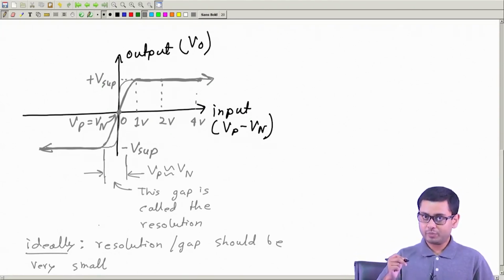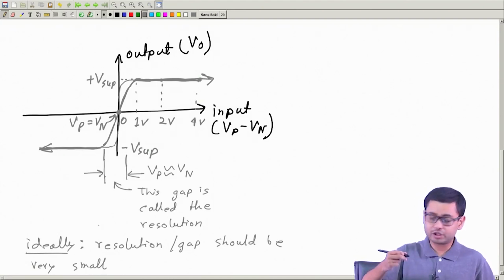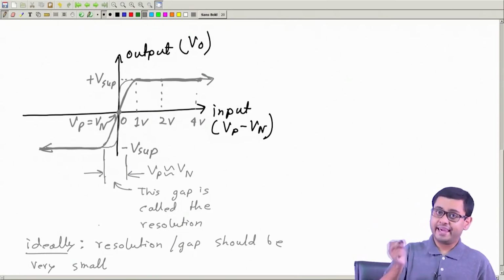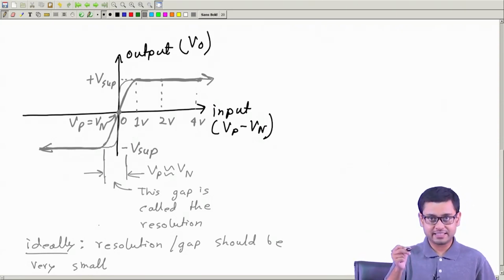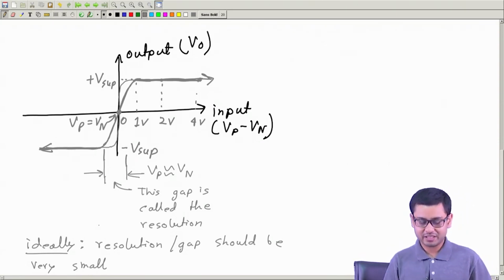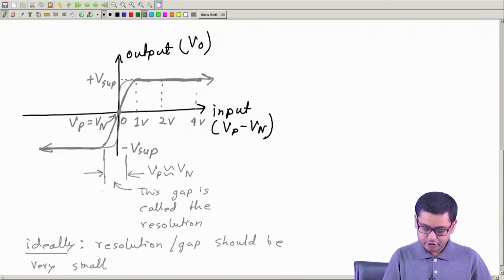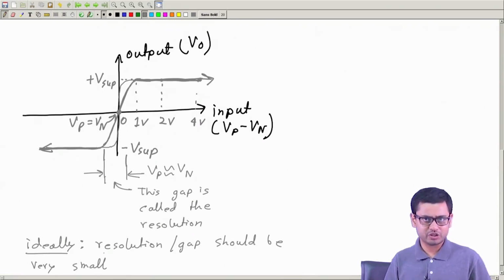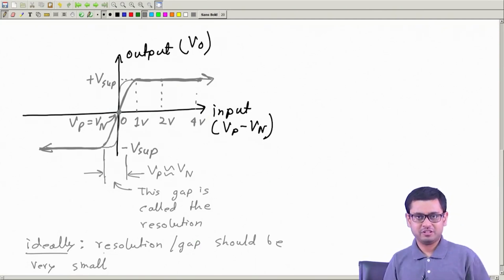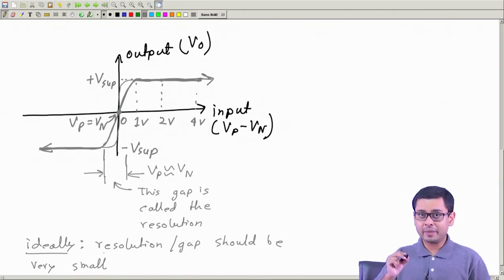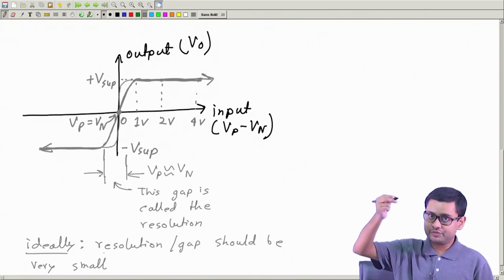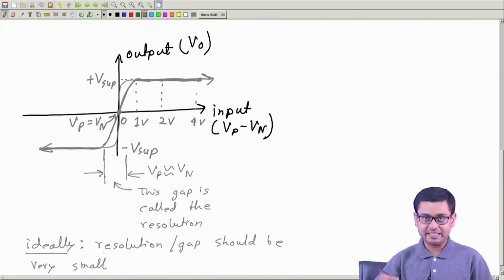If Vp is higher, then it tells that by making the output positive. But if Vn is higher, then it tells that by making the output negative. But in this region where Vp is close to Vn, the op amp is confused about which is higher, they are very close. So it doesn't make the output completely positive or completely negative.